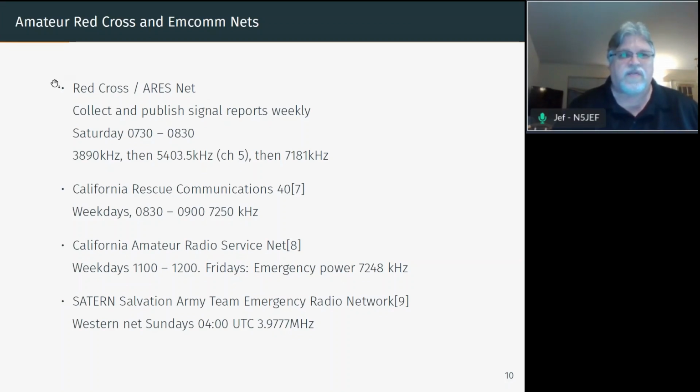It's a really good way to get a feeling for how well it works, how well your equipment's working, and the capabilities. In the mornings is California Rescue Communications, based in Southern California mainly. It's not so much NVIS because it's 40 meters and it's too early in the morning, but it does provide a mode of regional communication, where they can hear each other through the Chinese broadcasting.